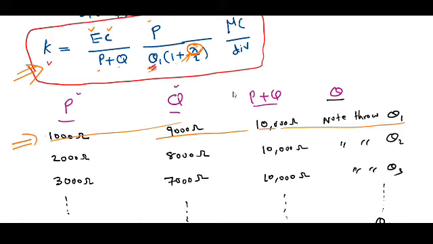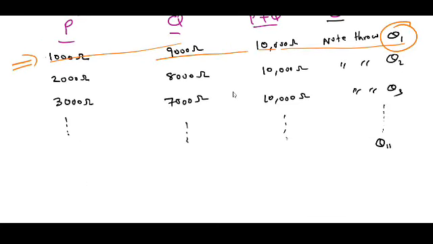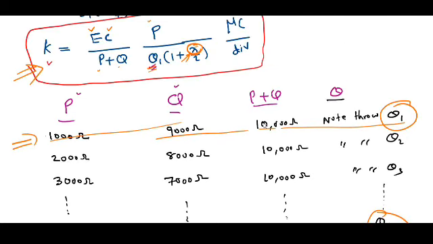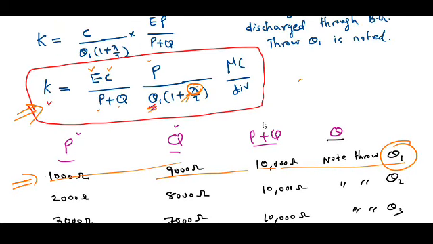The value of lambda is obtained by observing the first throw theta 1 and the 11th throw theta 11 using an expression. That expression we have already explained. It is 2.303 divided by 10 log theta 1 by theta 11.